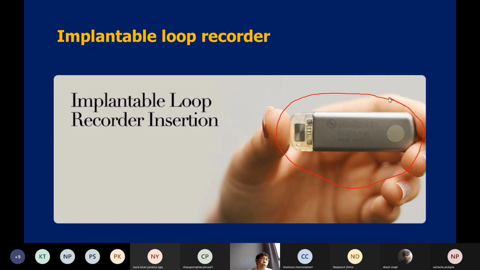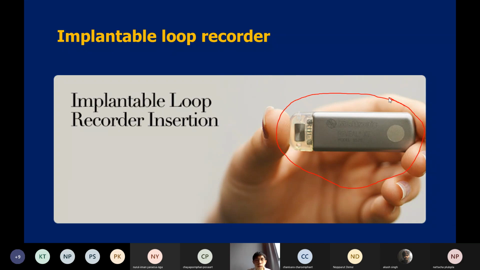We use this type of recorder when we suspect that the patient has bradycardia or arrhythmia, but it occurs rarely, like when the patient has symptoms only 3 or 4 times a month. You put this in the patient to record a very long duration of ECG.